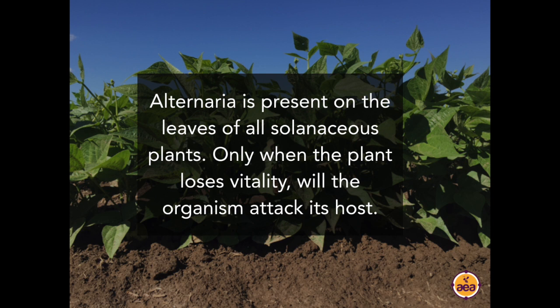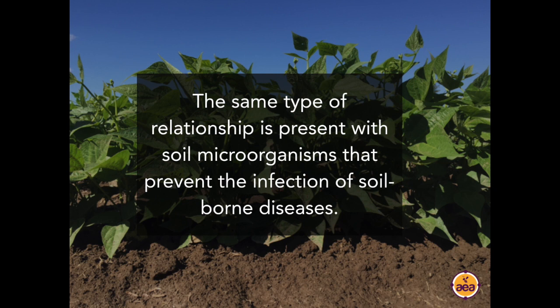And it is only when their relationship with the plant changes because of the state of the plant's health or unhealth, which we call dis-ease, that later in life, when the plant is under stress, the Alternaria solani begins attacking the plant. It doesn't happen at the beginning. Why not? Because the plant is not susceptible to it, and the plant is actually feeding it. It has a symbiotic relationship with it. So, yes, the same type of symbiotic relationship is present with soil microorganisms that prevent the infection of soil-borne diseases.